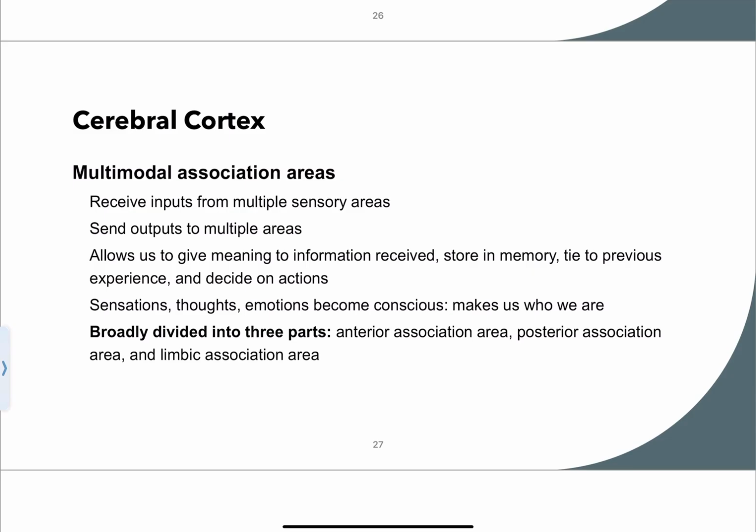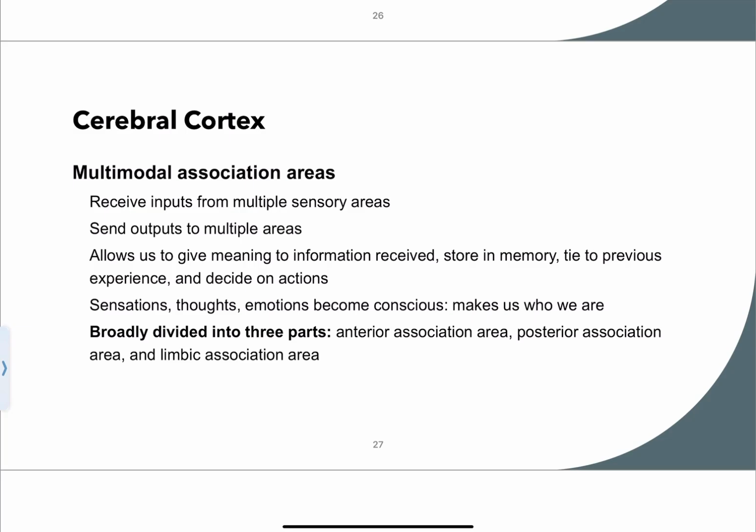So it allows us to give meaning to the information that we're receiving, allows us to store some of it in memory, and we're able to make connections by tying information that we're bringing in to the memories that we had. And therefore, we're able to decide on what action our body is going to take based off of this. So basically, sensations, thoughts, and emotions become conscious, and it makes us who we are.